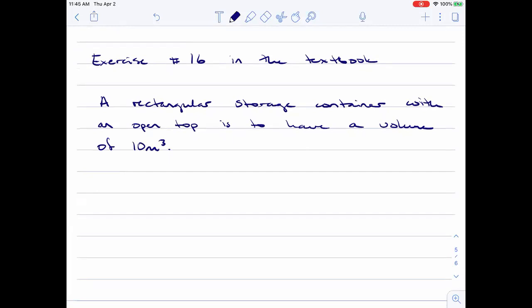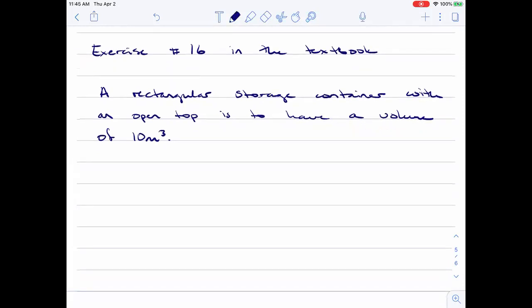So here we're told what the volume should be. Another option would be that we have some other constraints and we want to maximize or minimize the volume. There's a lot of different things that we could do here, but as long as you've seen one where you use the volume, I think that'll be good.